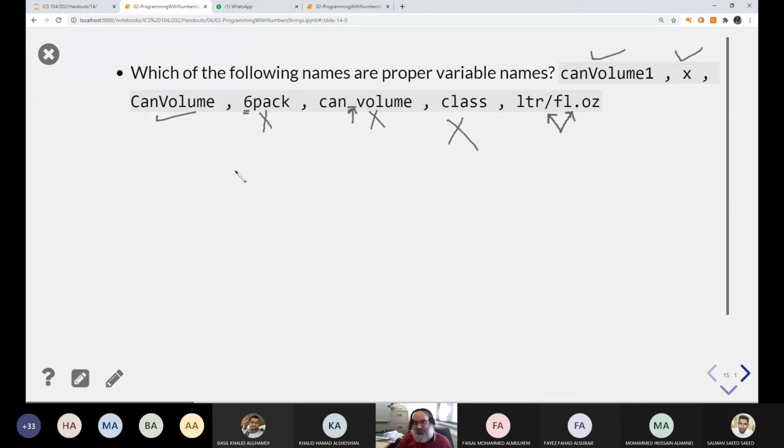Doctor, can I use class with capital C? Good question. Can I use class with capital C as a variable name? Yes, you can, because Python is case sensitive.